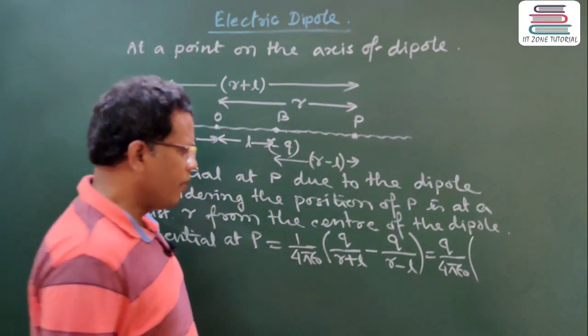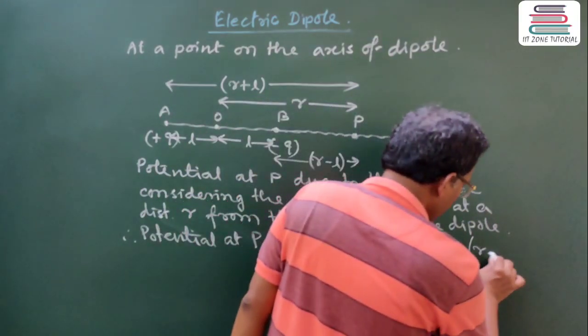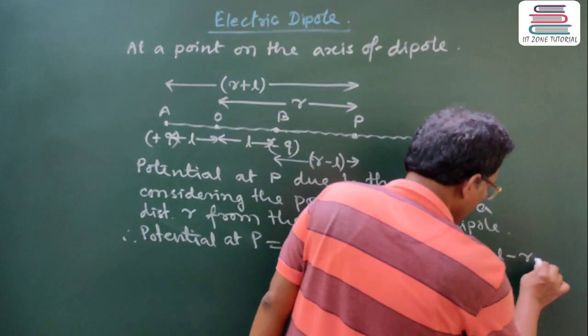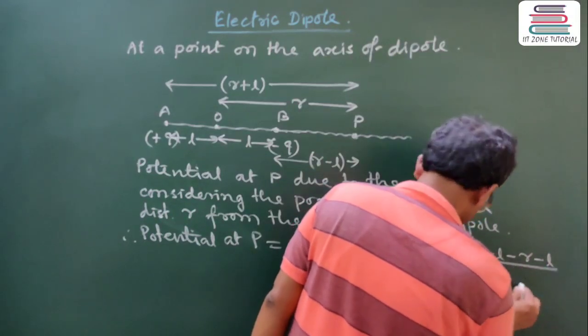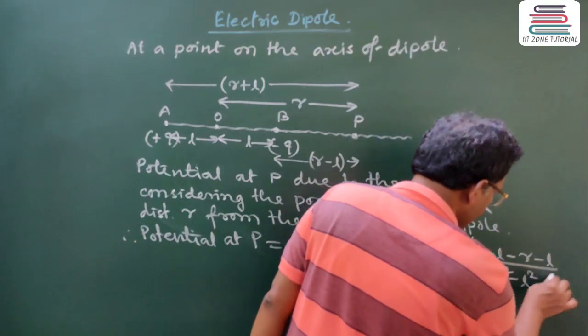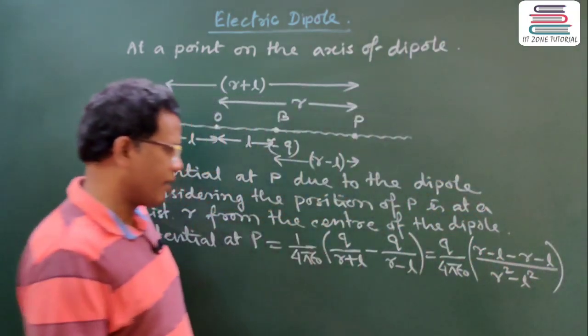Then simplifying it, we can write down r minus L minus of r minus L. Got my point? The denominator will be r square minus L square.